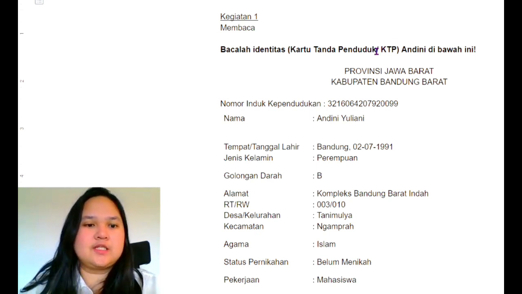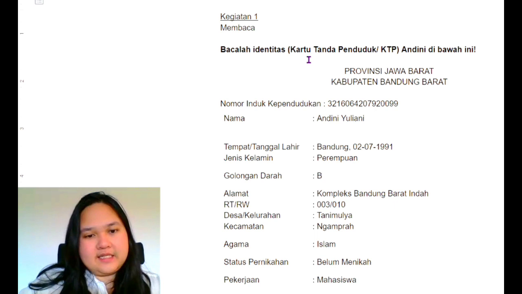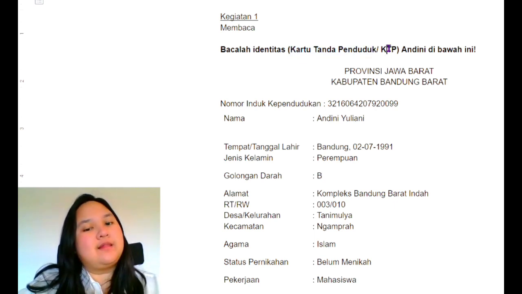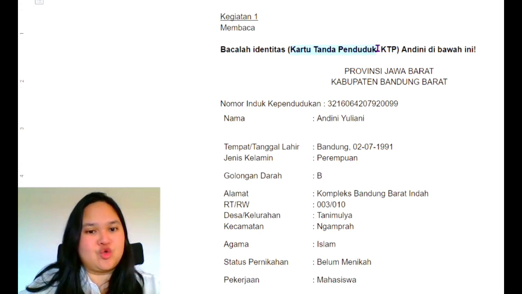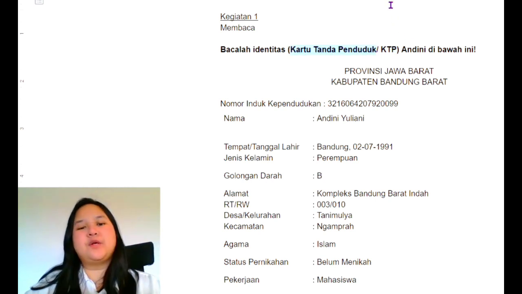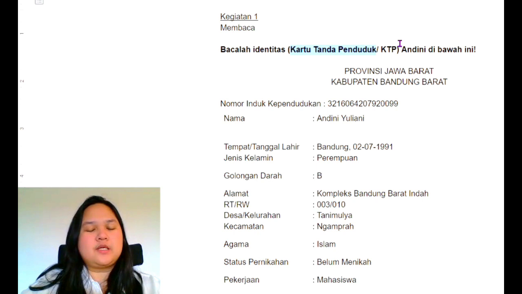So the instruction is read the identity, or in Indonesia we call it KTP, which means kartu tanda penduduk. Kartu tanda penduduk is like the ID card of Andini below.